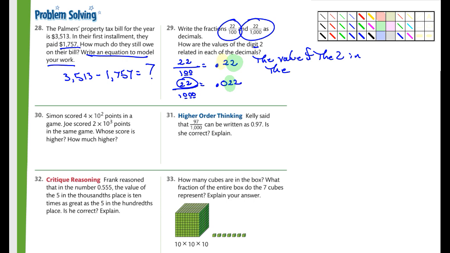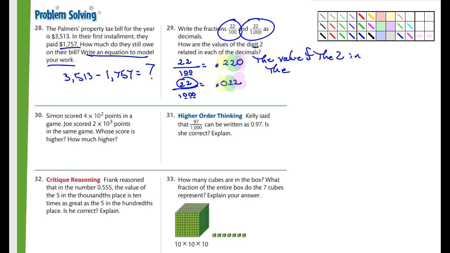Here's a 2 in the tenths place. There's no 2 there. And then I could put a 0 here.